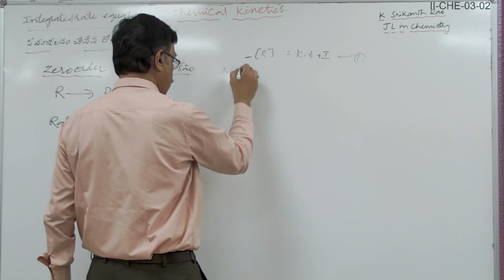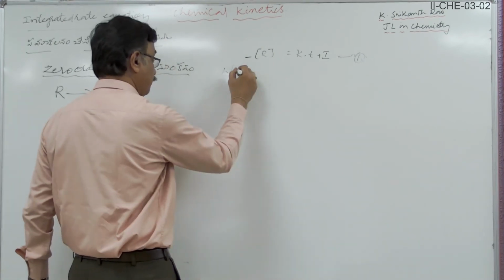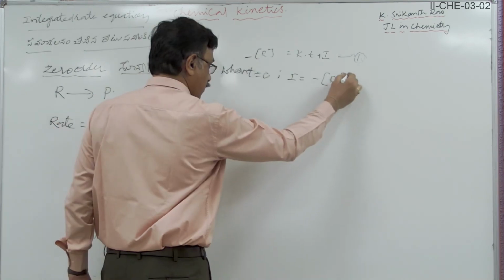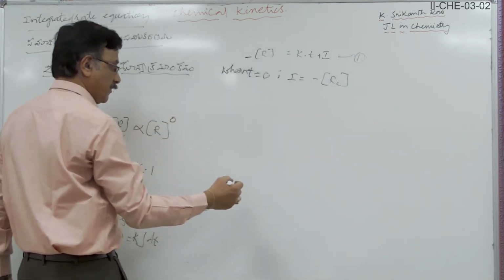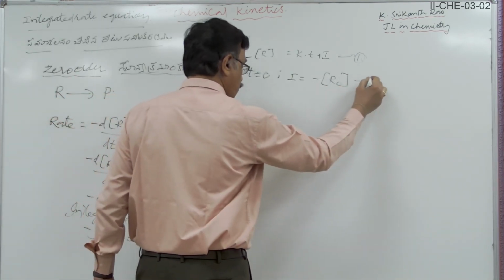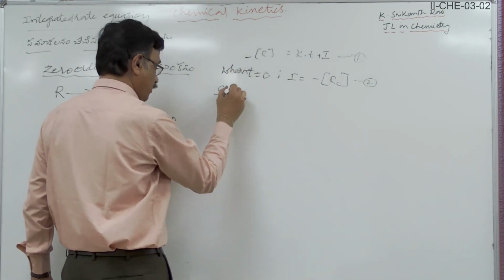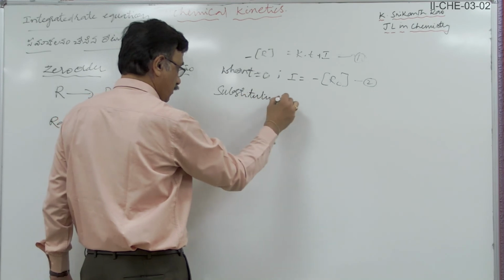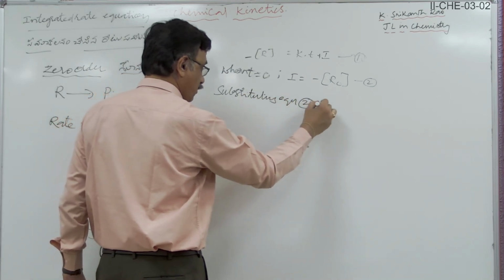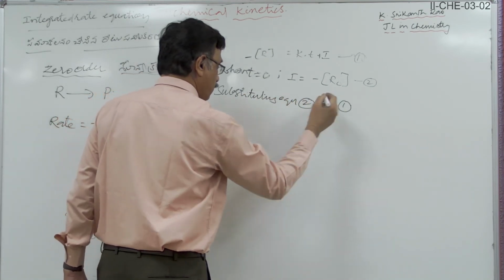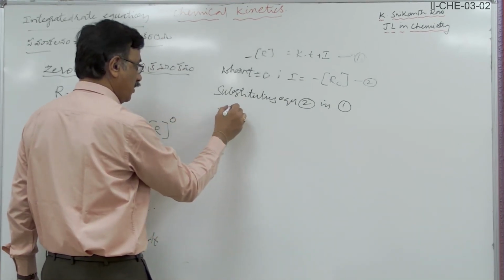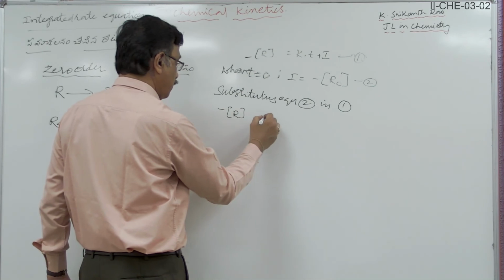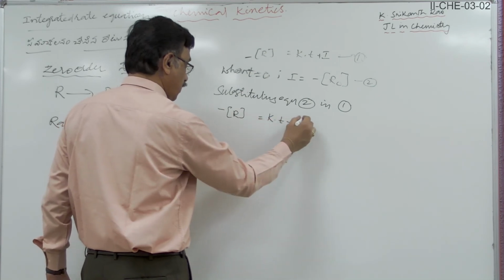When t equal to 0, R equal to R naught, right? So equation 2. Substituting equation 2 in 1, right? So minus R equal to kt minus R naught.